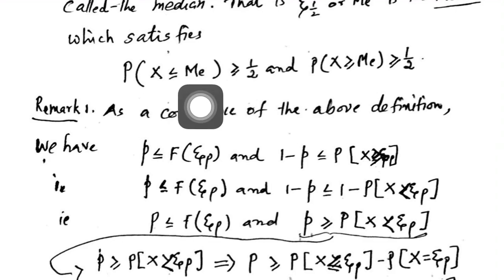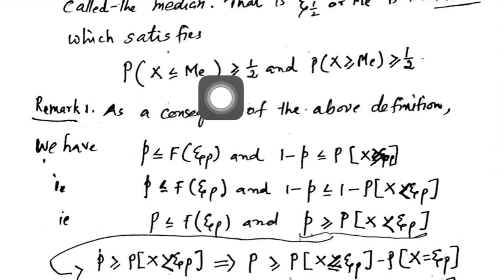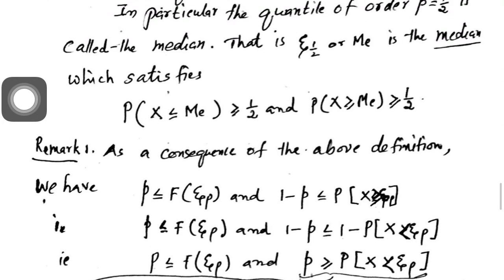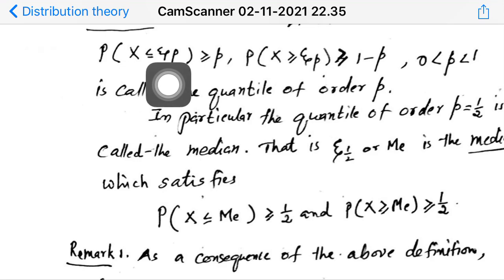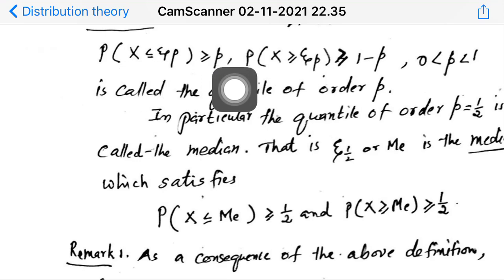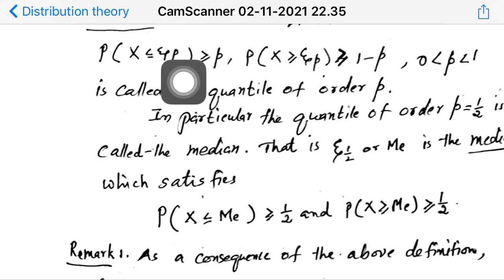This is nothing but capital F, where capital F stands for the cumulative distribution function. And you can see for the general case, probability that X less than or equal to psi p greater than or equal to p can be written as F of psi p greater than or equal to p.